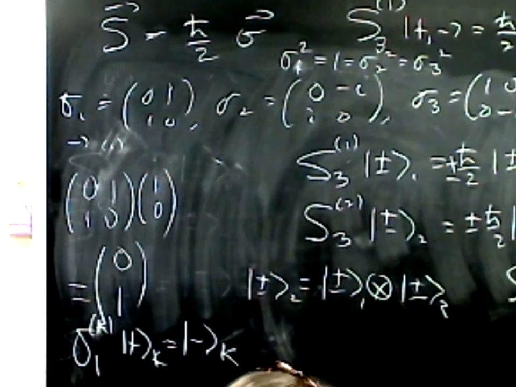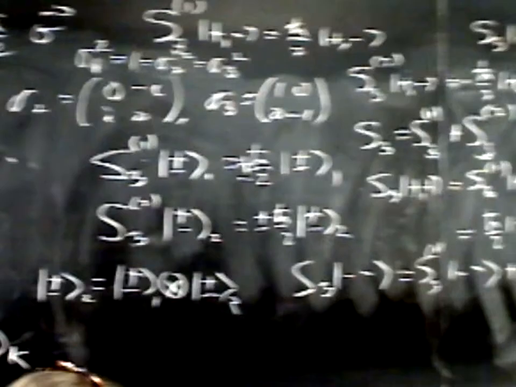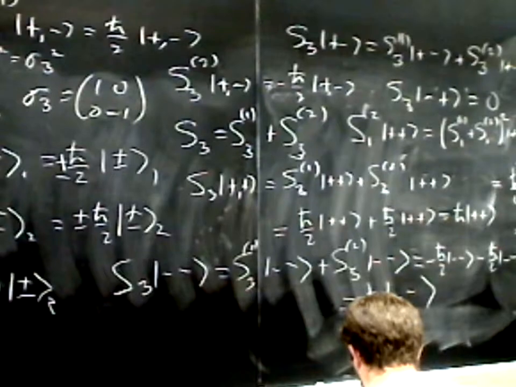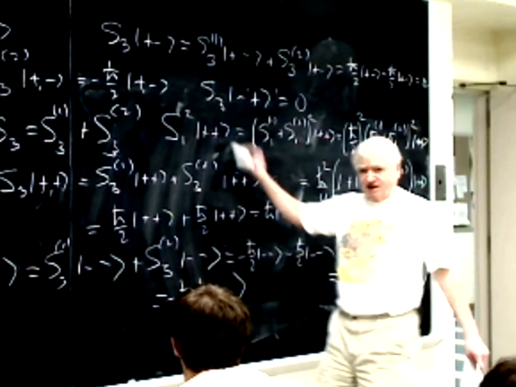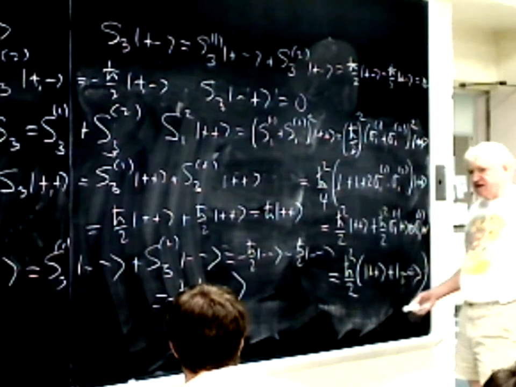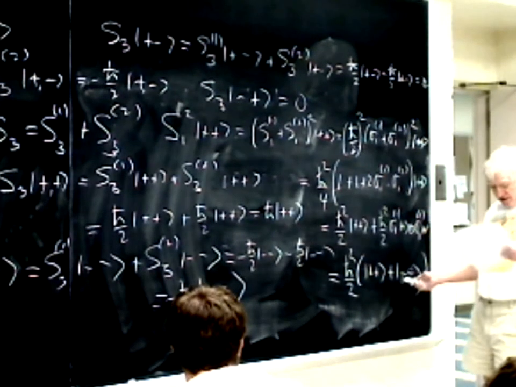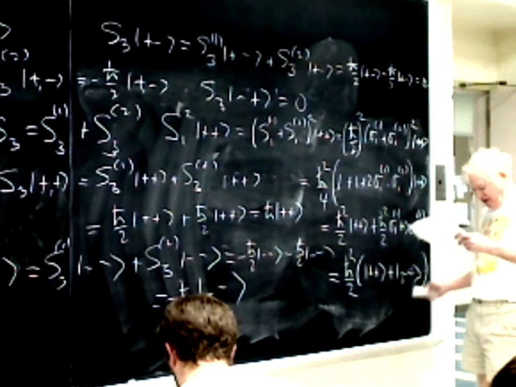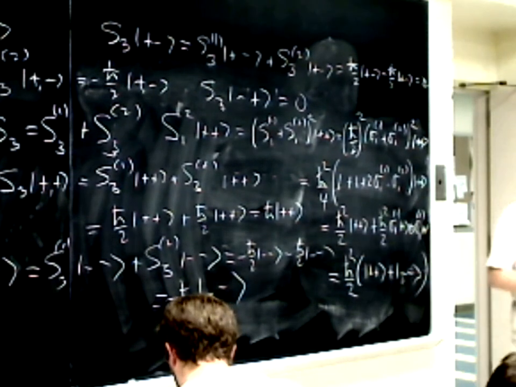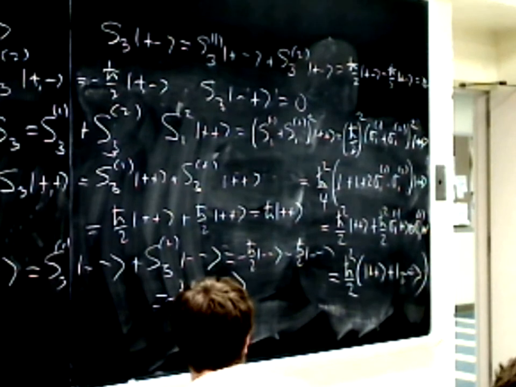So this is then minus and minus. So altogether this thing is h bar squared over 2 times plus minus. So that's what sigma 1 squared does to plus. Plus isn't an eigenvector of sigma 1 squared. Instead it gets mapped into h bar squared over 2 plus minus. All right, the rest of that exercise is problem 18.